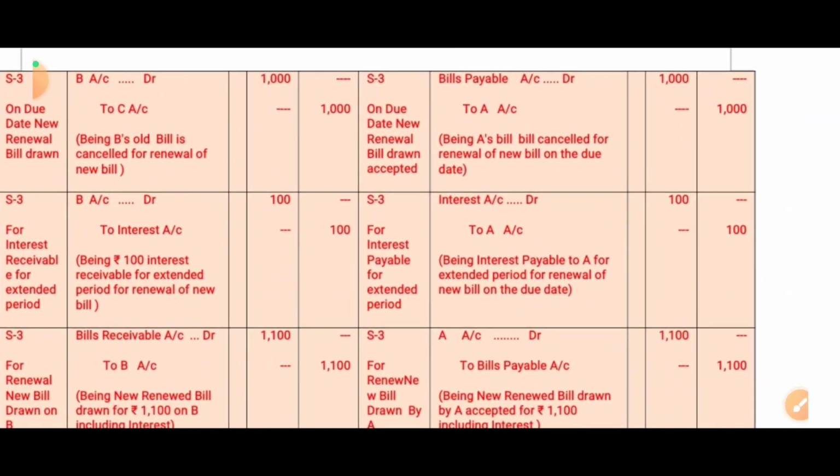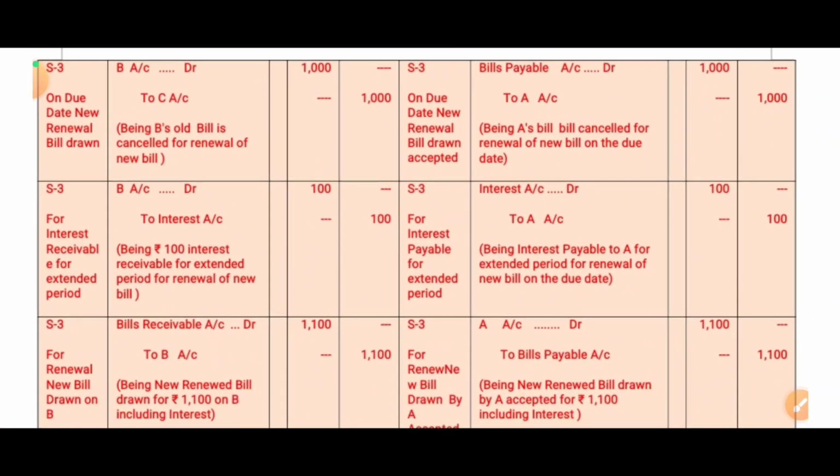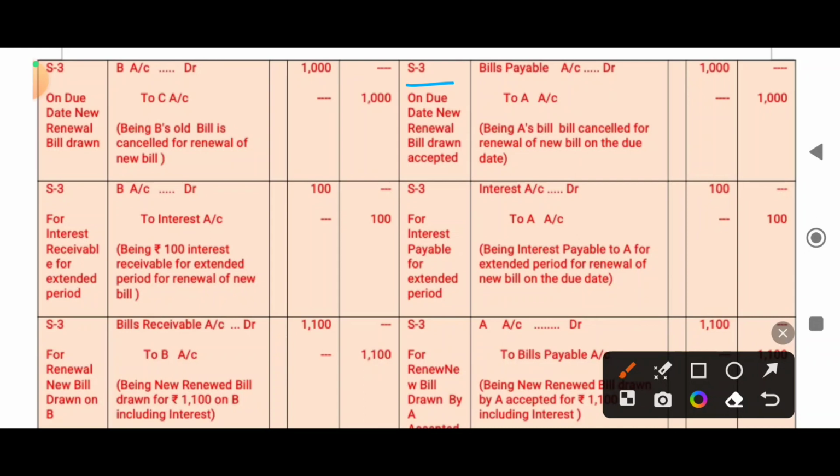What will be general entries in the books of drawee in this situation? First one, on the due date, renewal of old bill, will be cancelled and new bill will be drawn. For that purpose, bills payable account debit to A account, 1,000 rupees, being A's bill cancelled for renewal of new bill on the due date.